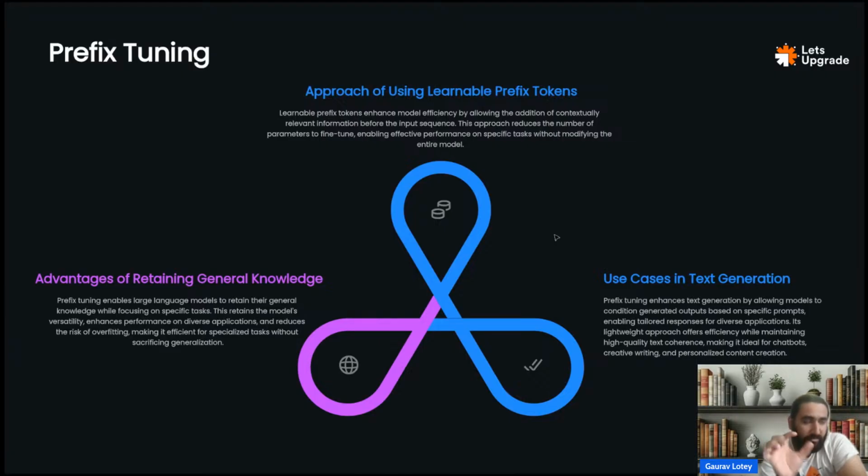These smaller matrices are trained and tuned on our use case, and we fit them before passing to the attention layer. We will add a prefix like an adapter before the first layer and a prefix to the second layer, something like that. So prefix tuning enhances text generation capabilities, allowing the model to generate outputs based on specific prompts, enabling tailored responses.